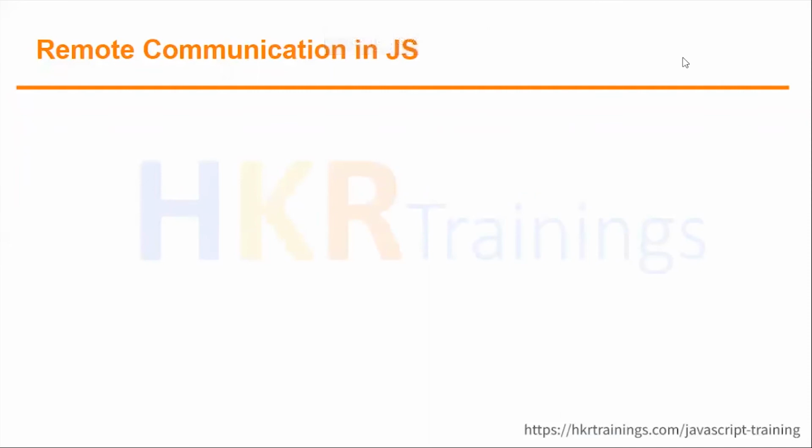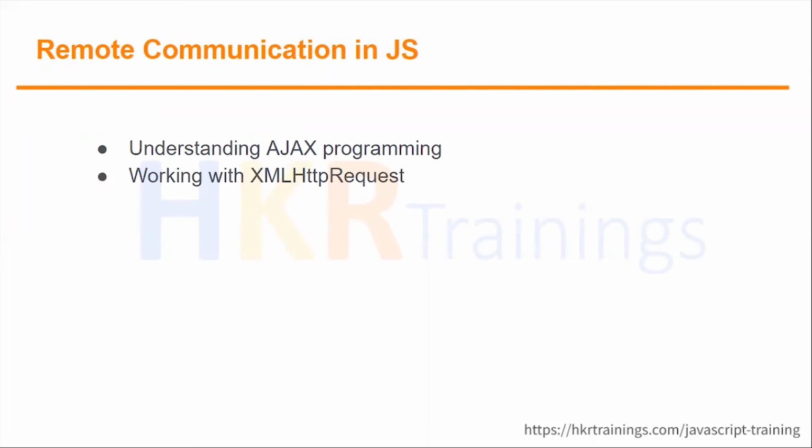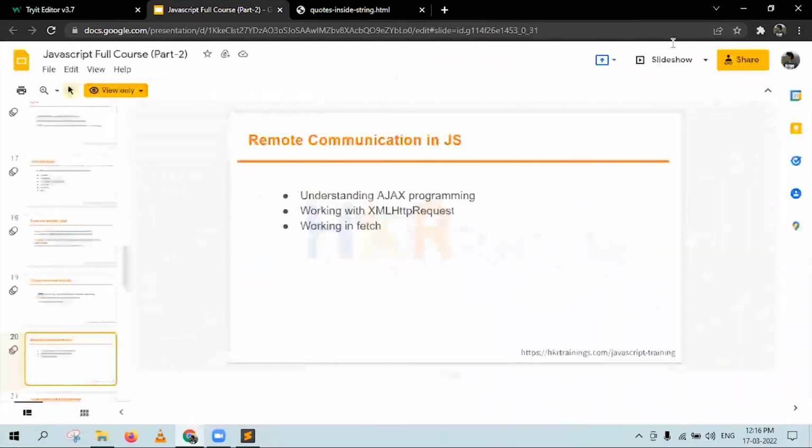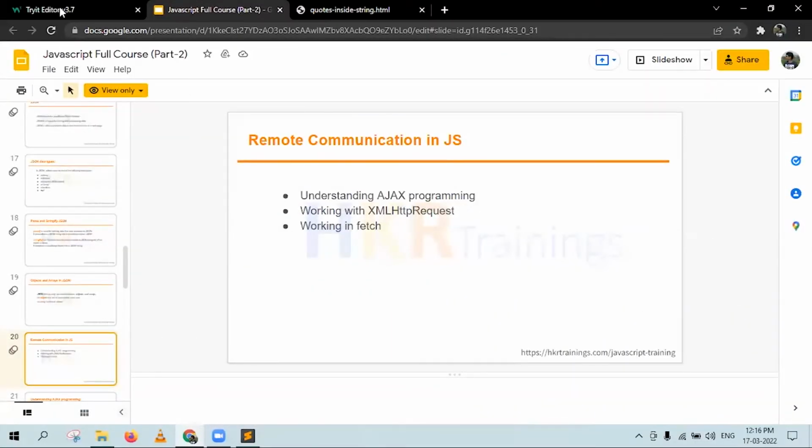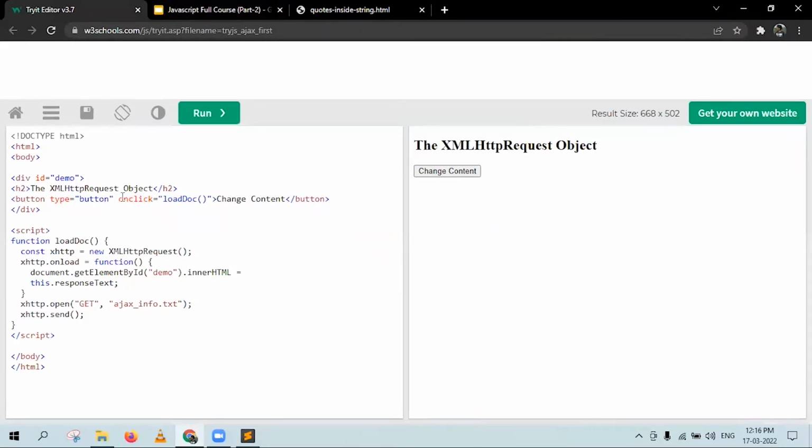Now remote communication in JavaScript. So what is it actually? It actually means AJAX, so some XML HTTP request working in fetch. For this we need a service in order to show you, so for that I'm using this one as a temporary purpose. Here I placed a button, and in that button I'm calling this loadDoc, and loadDoc is a function.